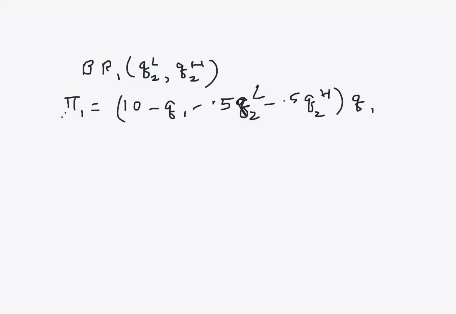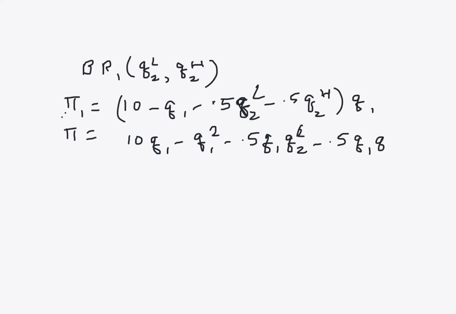So this was the profit function, right? So I can write it as 10 Q1 minus Q1 squared minus 0.5 Q1 Q2L minus 0.5 Q1 Q2H.